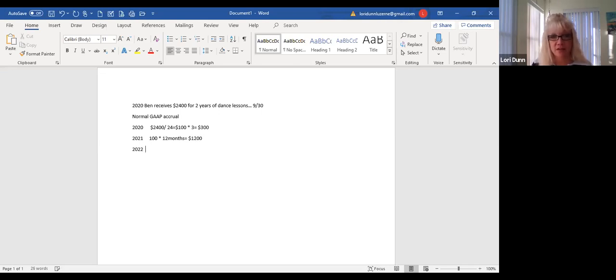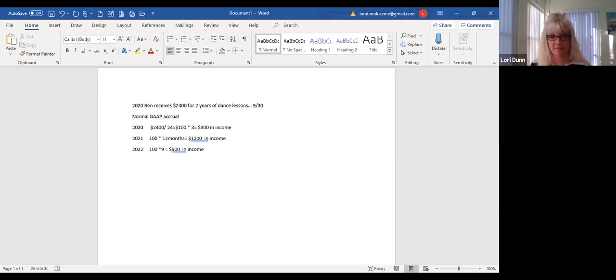Then in 2022, when he completes the remaining 9 months of the 24-month contract, he will recognize $900 in income. So this is the amount that will be shown in income each year. But remember, this is normal accrual for our financial statements. That's not what tax does.